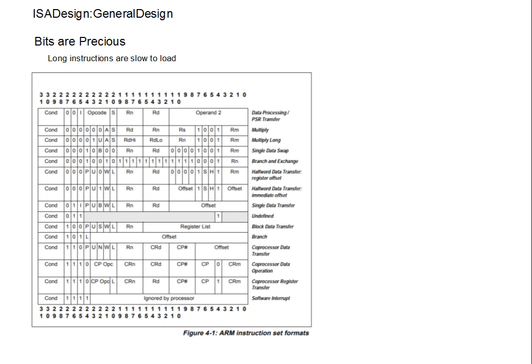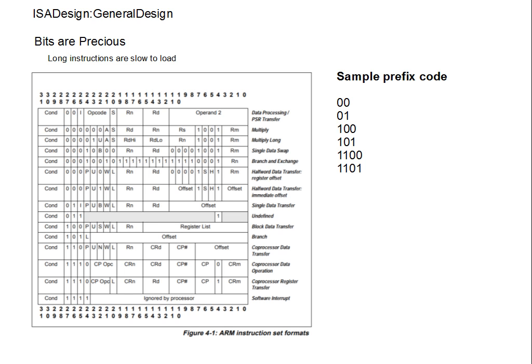Prefix codes often show up in ISA design and in many other contexts as well, including data transmission and compression. A prefix code is a set of bit patterns of varying length designed so that no pattern is a prefix of any other. Perhaps they should have been called non-prefix codes.